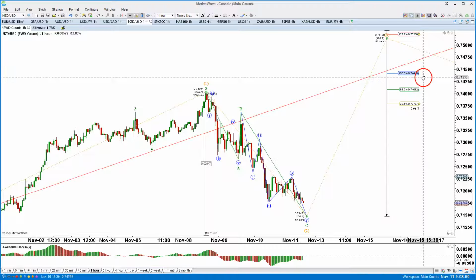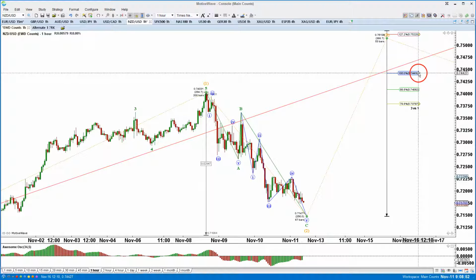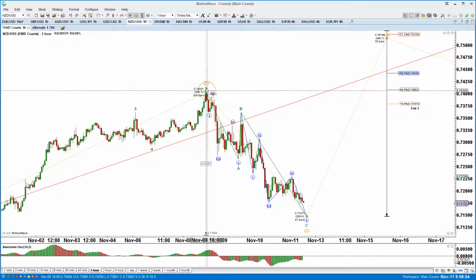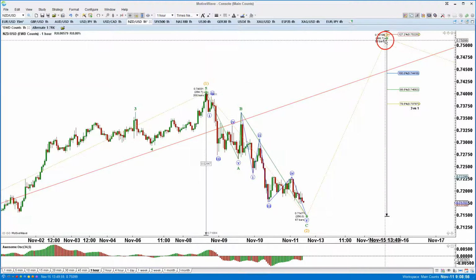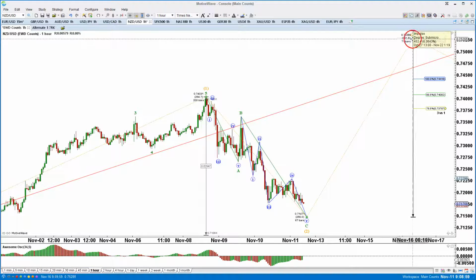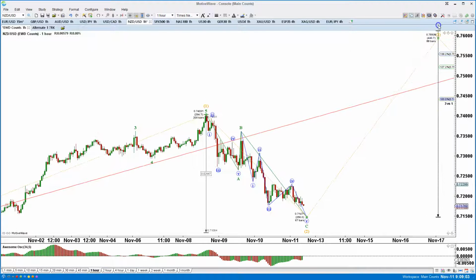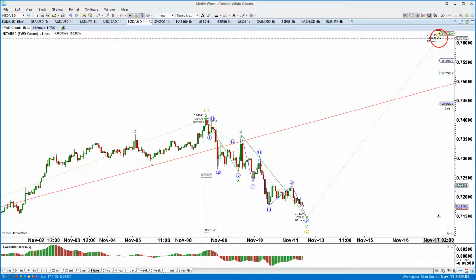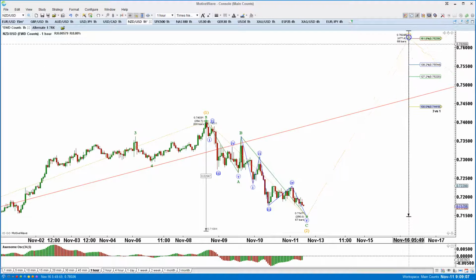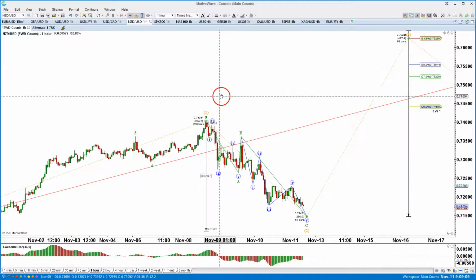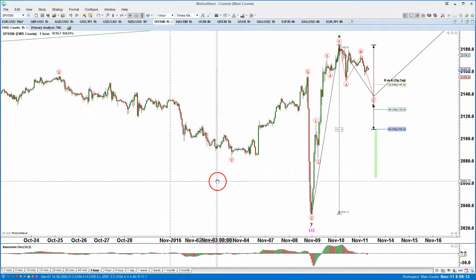So that's 74.41, but that's too close to the end of 1, to the top of 1. So that is why we're expecting an extension for 3 to go higher and higher, and if it's going to extend, the destination in terms of FIBO will be 76.23. 76.23 will be the target for this move.